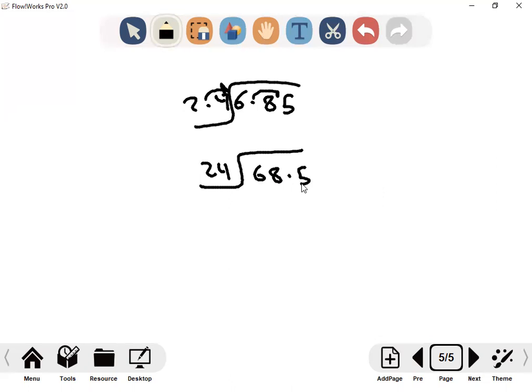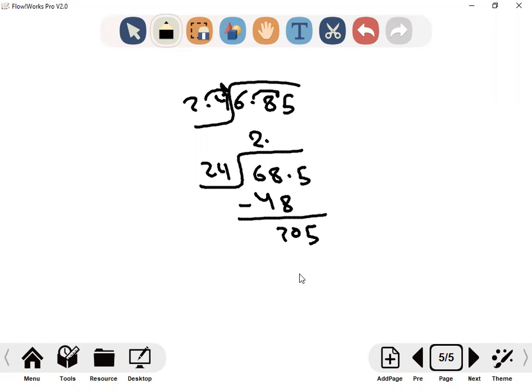24 on 68, 2. 2 by 24. Subtract. Do you understand or not? 8 minus 8, 0, 2. Now you have a decimal, you put it up. And you bring the 5 down. 205 on 24, how many? 9. 9 by 20 is 180. 9 by 4, 36.